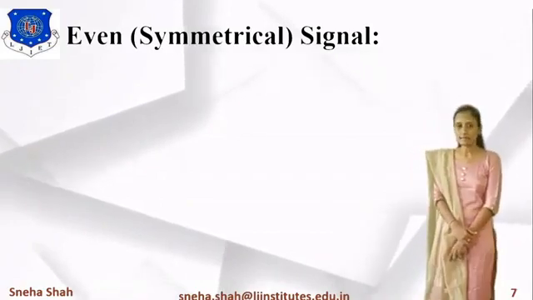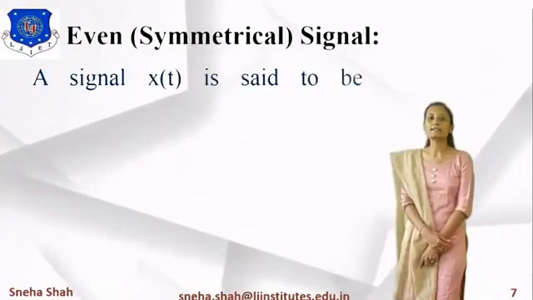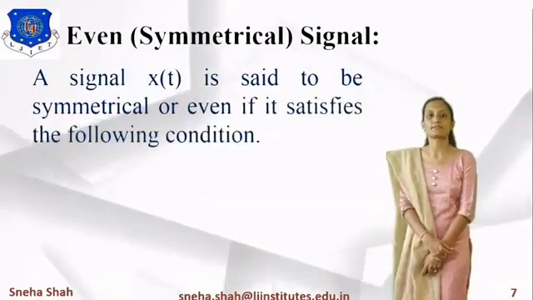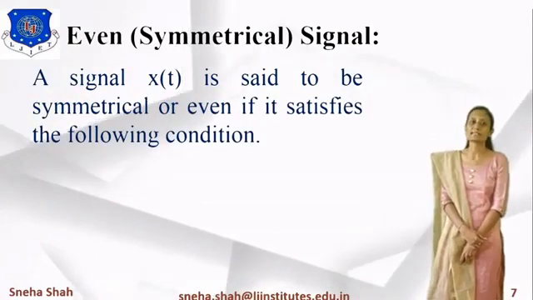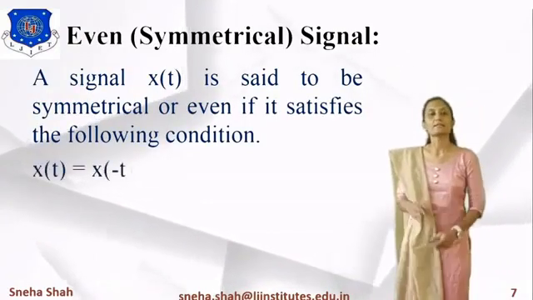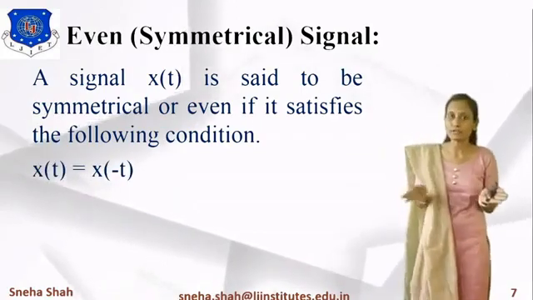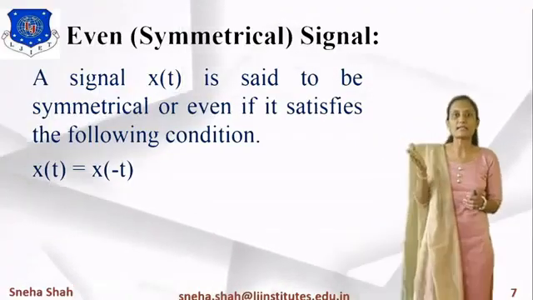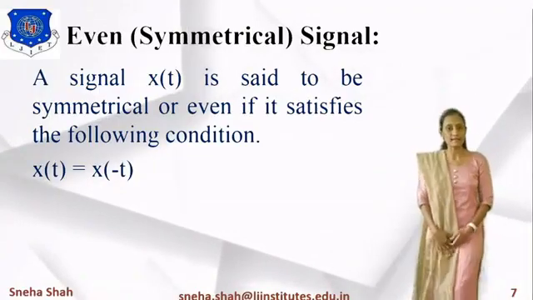So it is symmetrical about the y-axis. A signal is said to be even if it satisfies the following condition: x of t equals x of minus t. It means that whether we take the positive part or the negative part, the signal remains the same. So it is a mirror image about the y-axis, and it is considered an even or symmetrical signal.